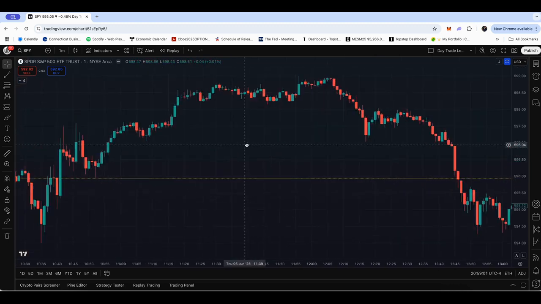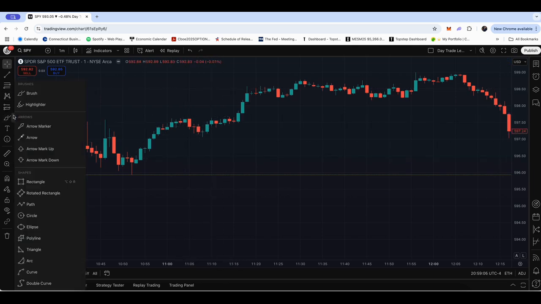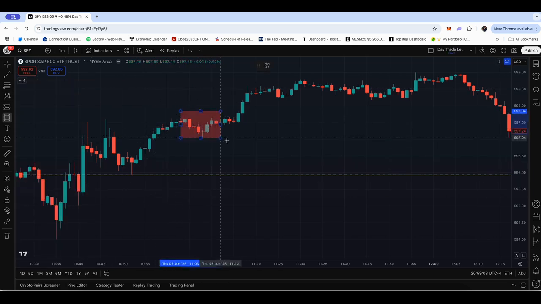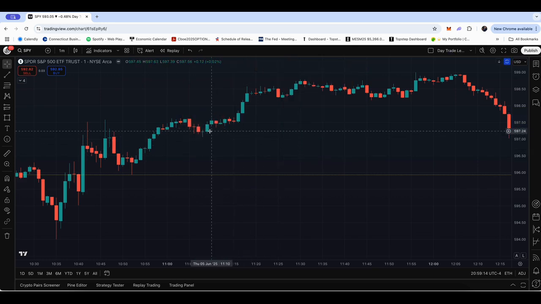But before I do that, I've just seen a great example. Right here, we can see a doji. So you can see, there you go. You can see this bottom candle right here. We've got price coming on the way down.